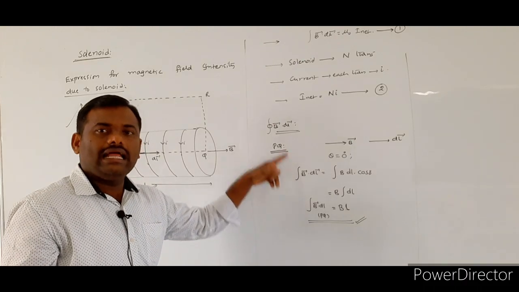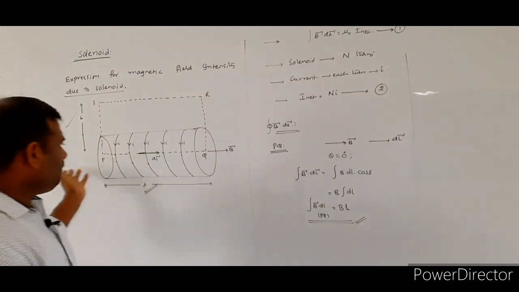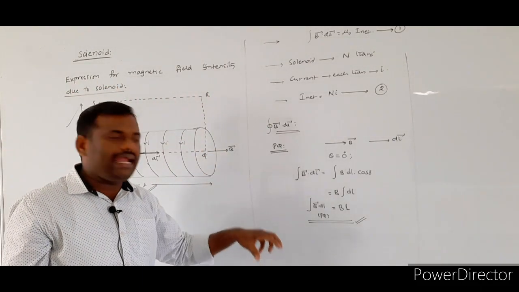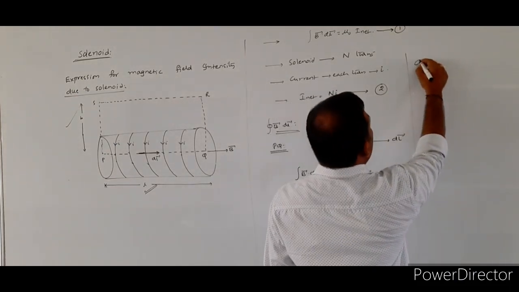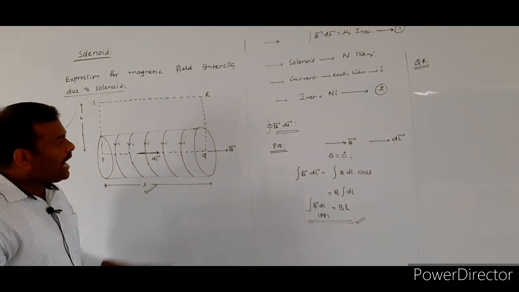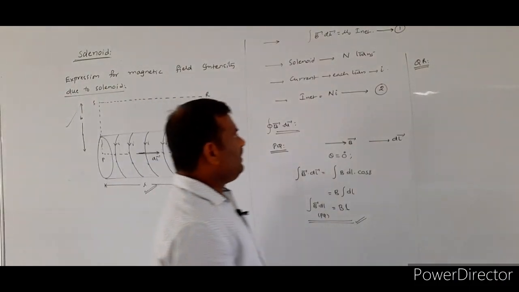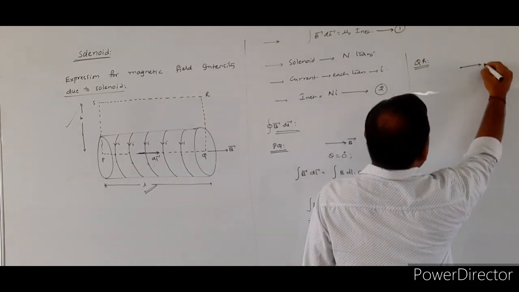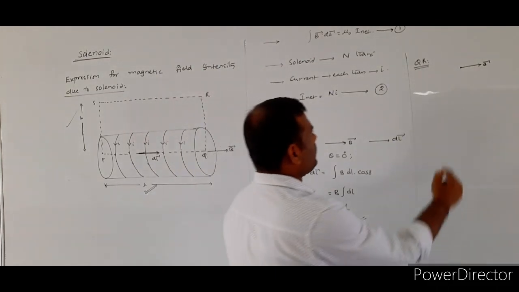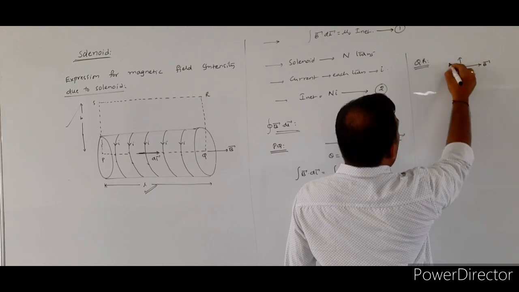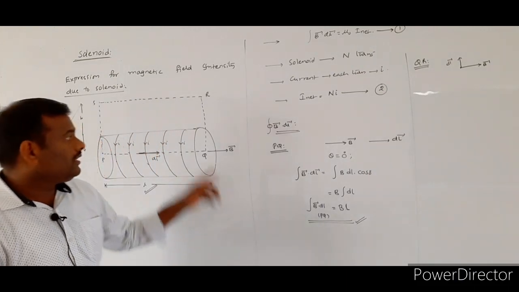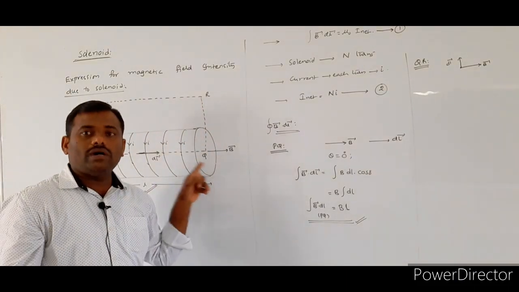Now, coming to the QR portion. We have to calculate the line integral of B bar dot dL bar for PQ, QR, RS and SP, each and every part separately. For the QR portion, B bar will be acting in this direction, and the length QR is perpendicular to the direction of B bar.